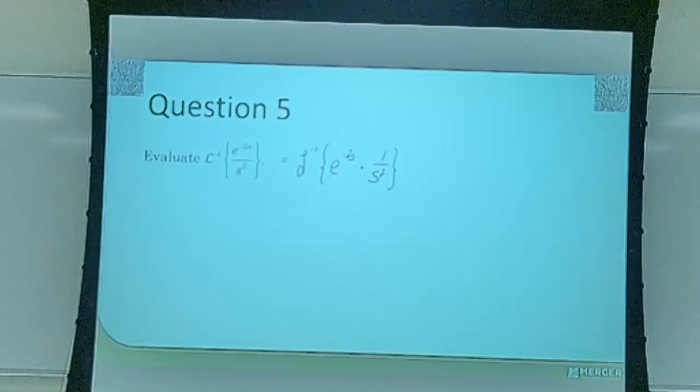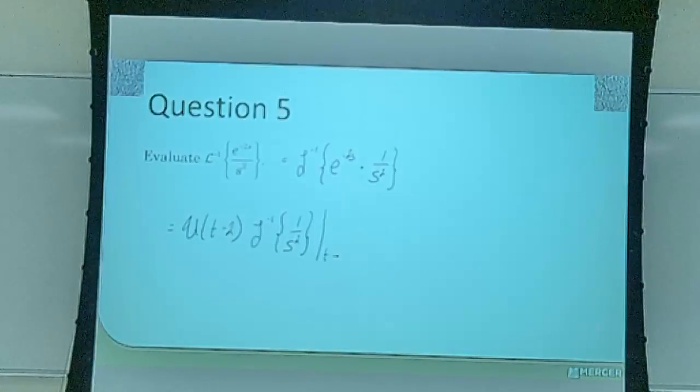That e to the negative 2s is going to tell us that tau is 2. It's going to be the unit step function at t minus 2 times the inverse transform of 1 over s squared, where we replace t with t minus 2.